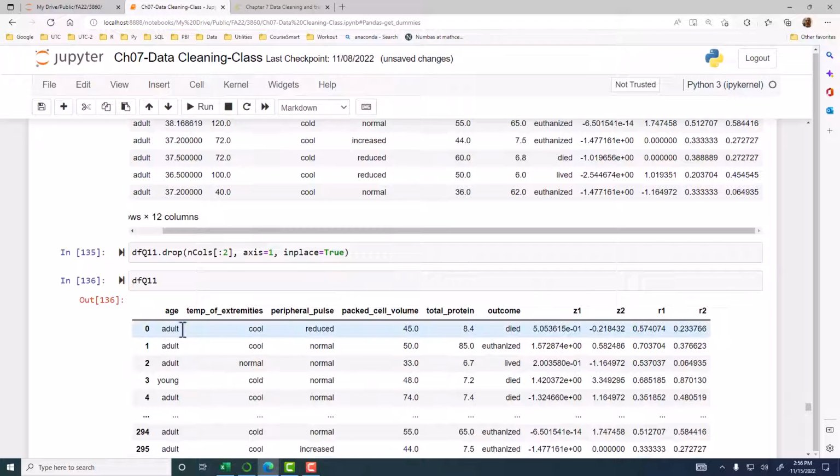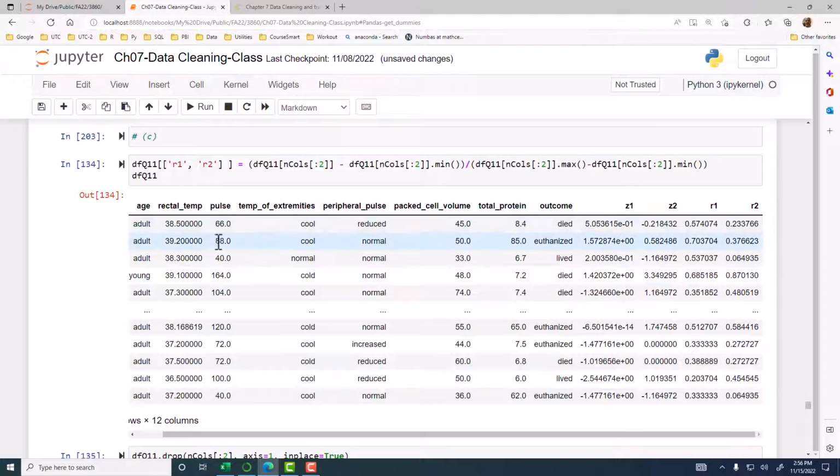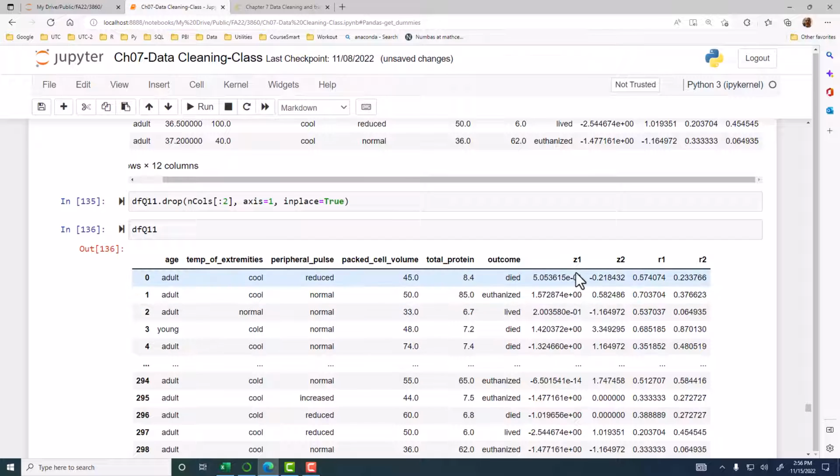Right? So the two numeric columns that we used are now gone, and we have z-scores and then the range scores. Okay, thanks for staying 1 more minute.